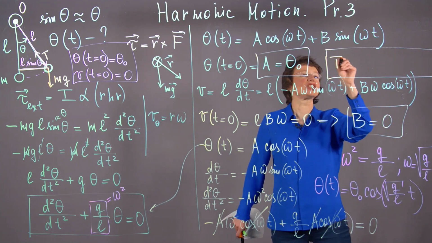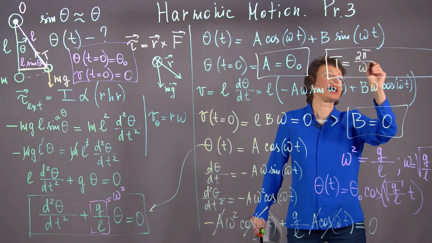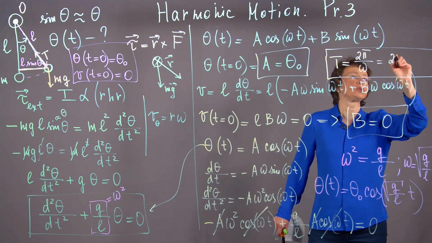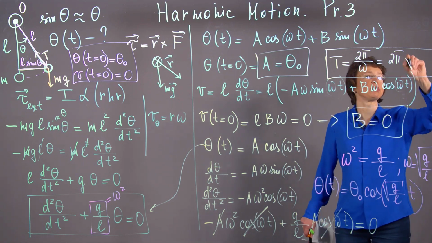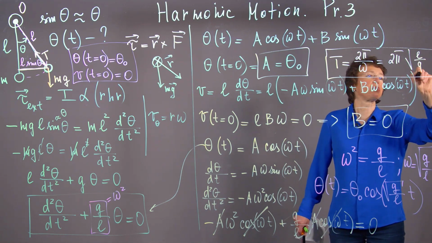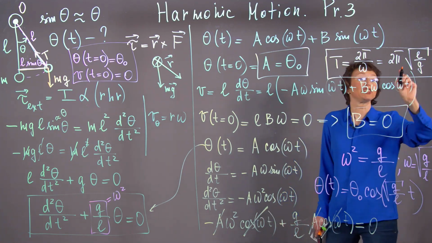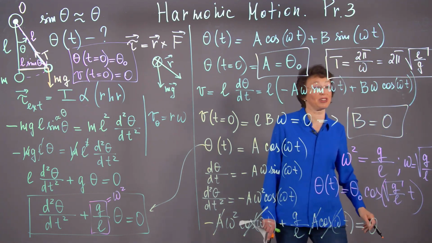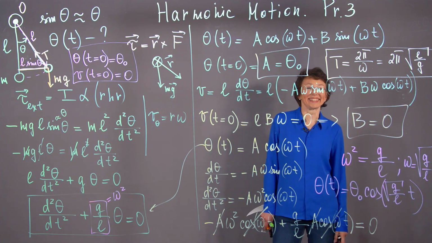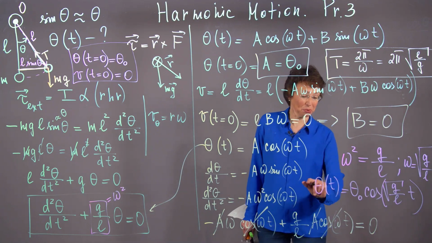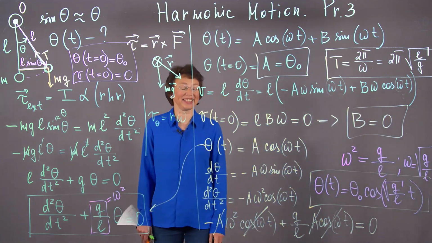Period of oscillations, capital T, is 2 pi over omega, which will give me 2 pi times square root of L over g. So the period of oscillations will depend just on the length of the string and the acceleration of gravity. And that's it. We found what we wanted to find. We found theta at any time moment.